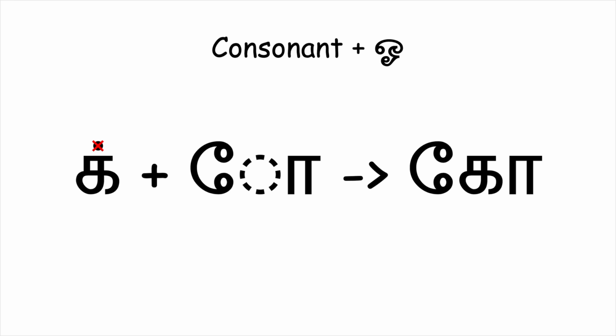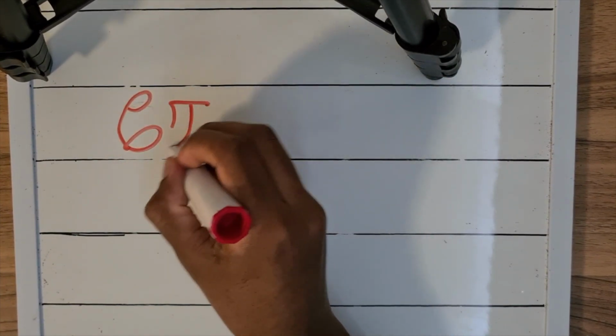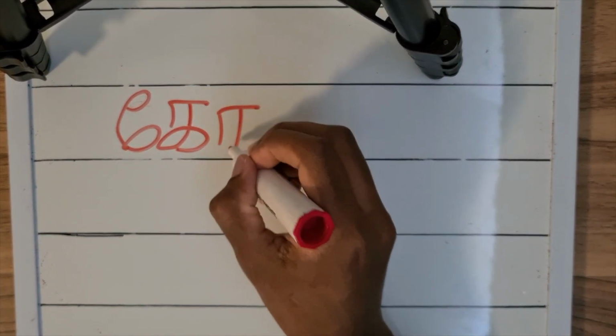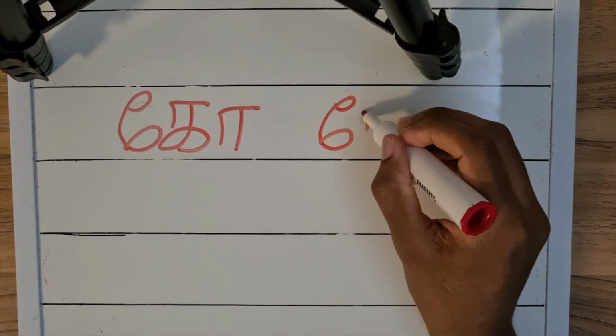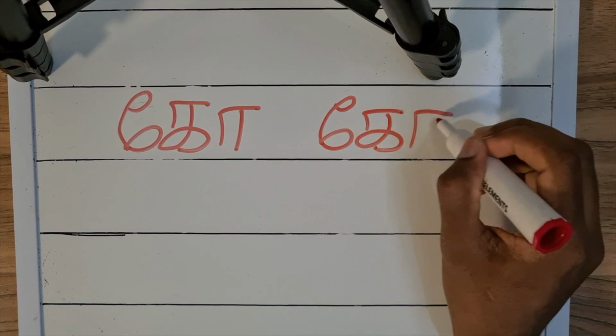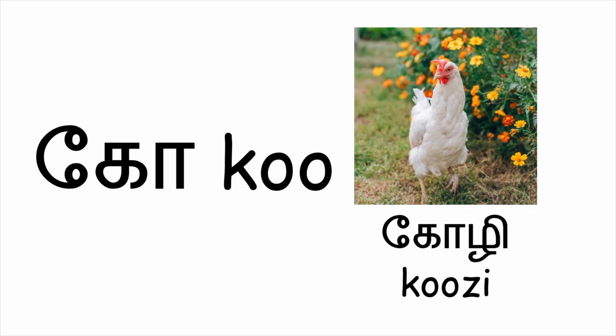Let me show you how to write ko. An example word that starts with ko is koli, which means chicken.